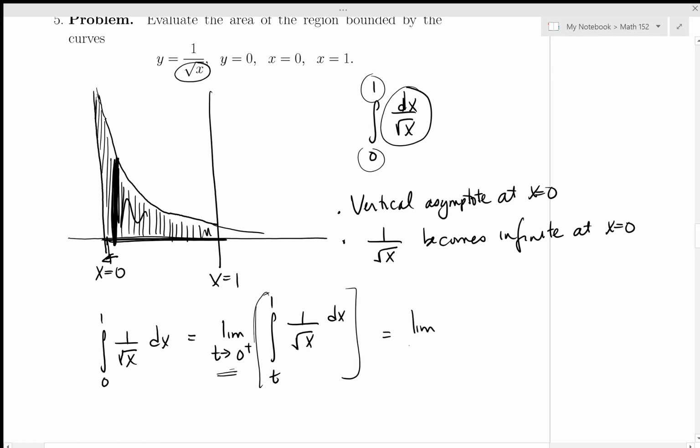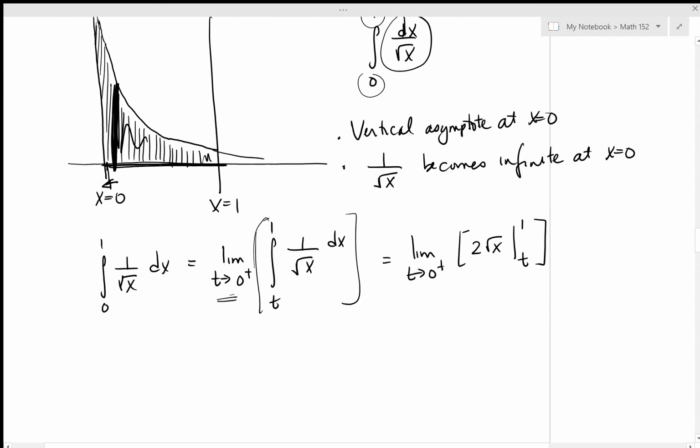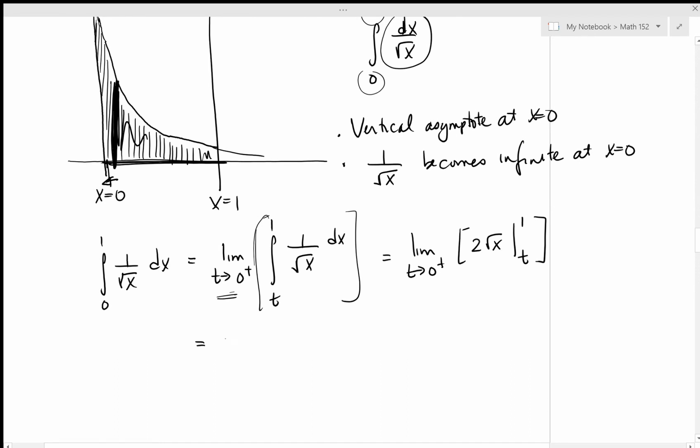I keep the limit as t goes to 0 from the right, and I integrate to get 2 root x evaluated from t to 1. That is 2 times the square root of 1 minus 2 times the square root of t. When t goes to 0, this simply goes to 0. So this is equal to 2. So this integral converges, and its value is 2.